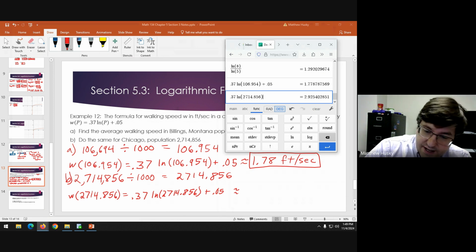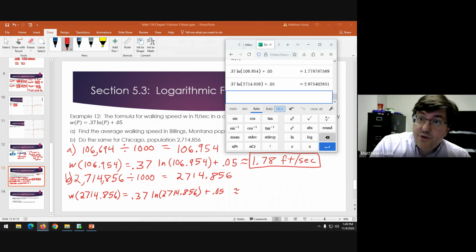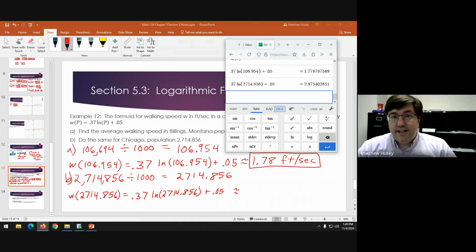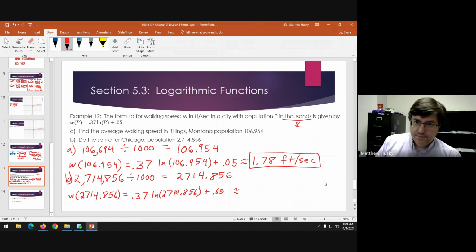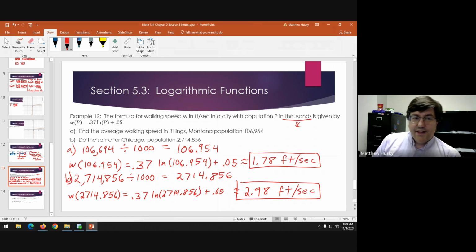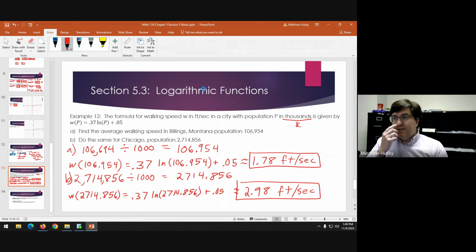Close the parentheses, add 0.05, and when you do, you get 2.975. If you round it off, it's 2.98 feet per second. So again, those big city folks in the city of Chicago, they got places to be and things to do. No idle moseying around these parts.